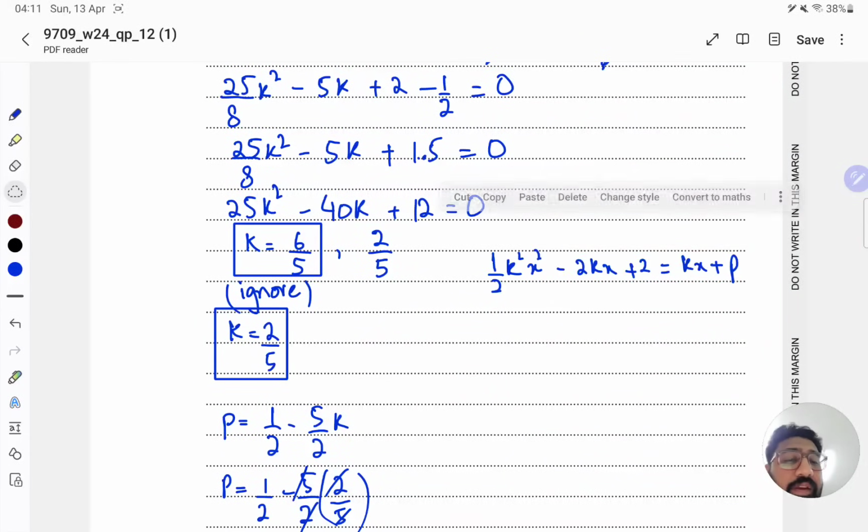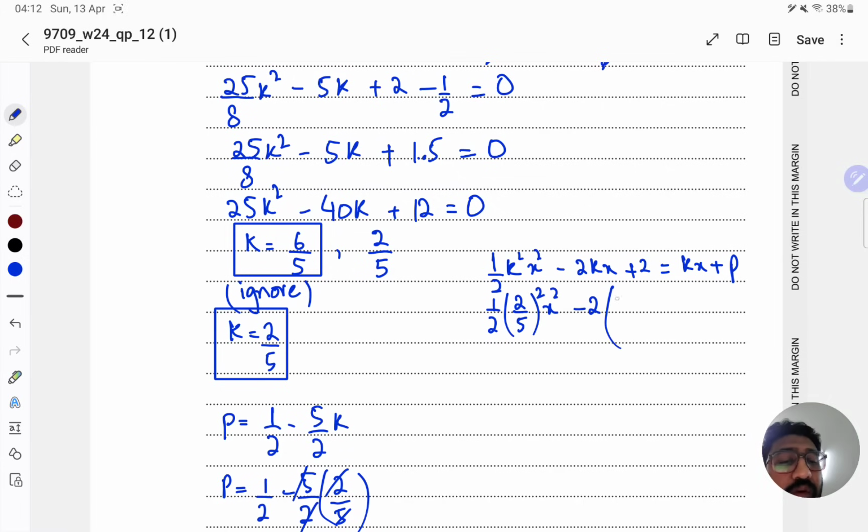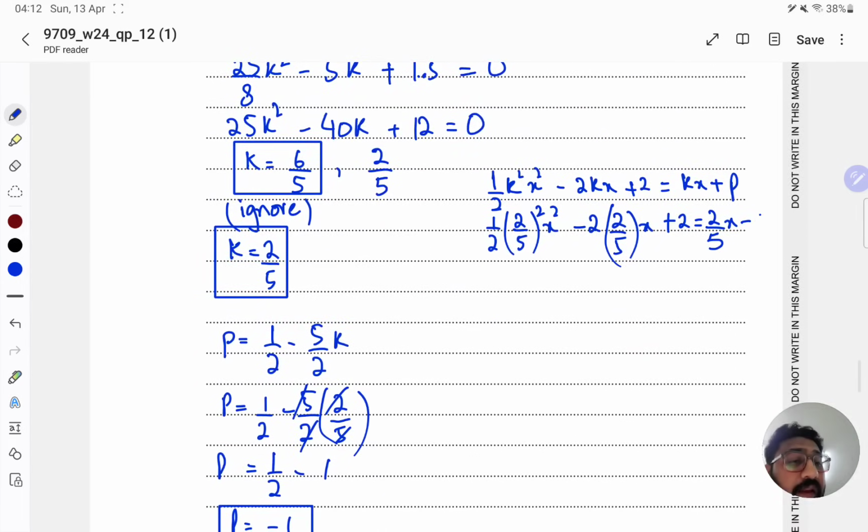So 1/2 into (2/5) squared x squared minus 2 times 2/5 x plus 2 equals 2/5 x plus the value for p, which is minus 1/2.